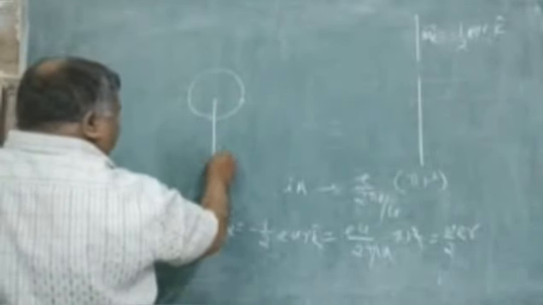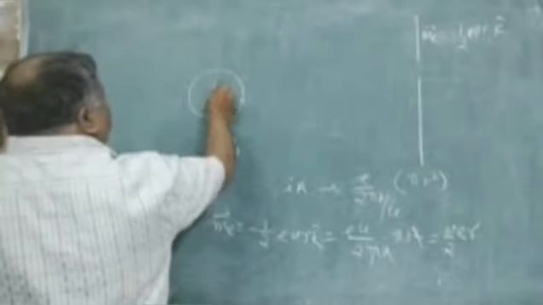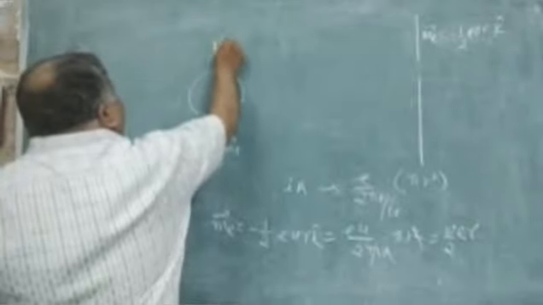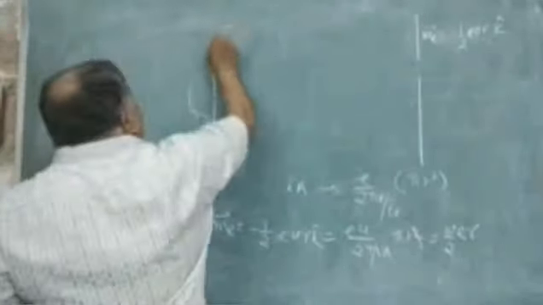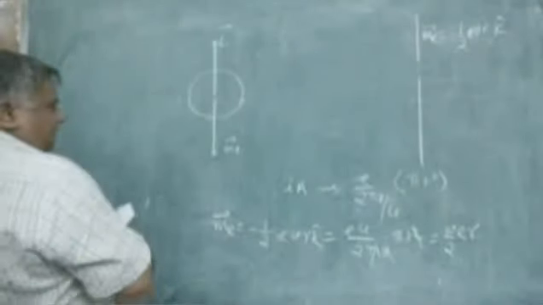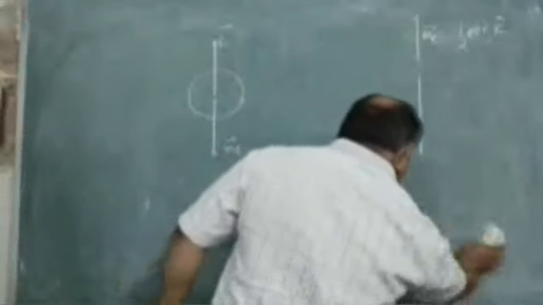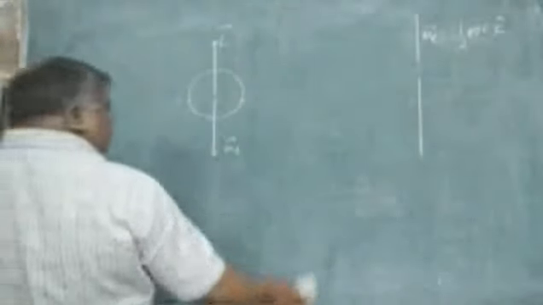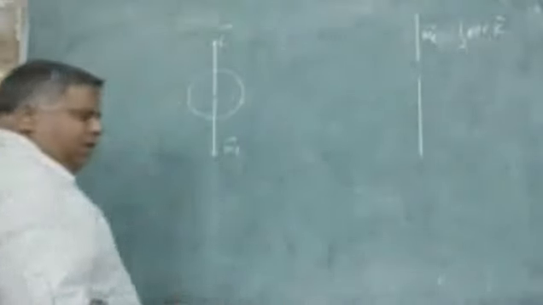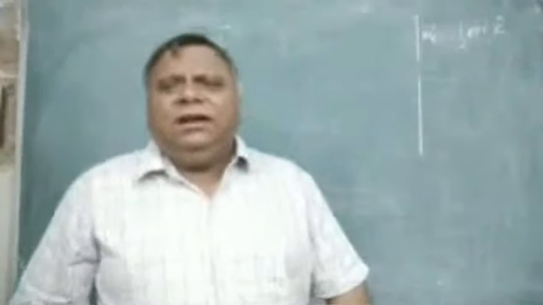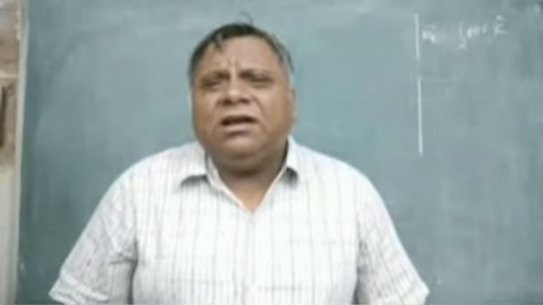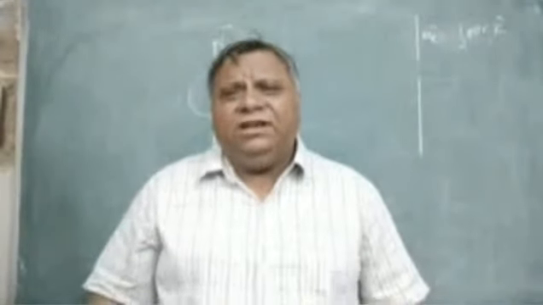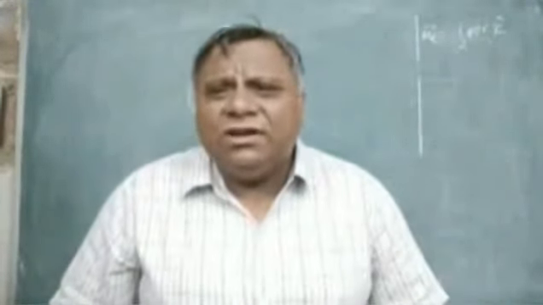M_L is in this direction, and vector L is along the opposite side. Now, to discuss diamagnetism, let us consider two electrons which are circulating oppositely, that is, their directions of motion are opposite.